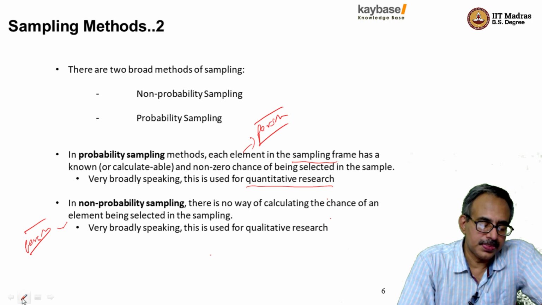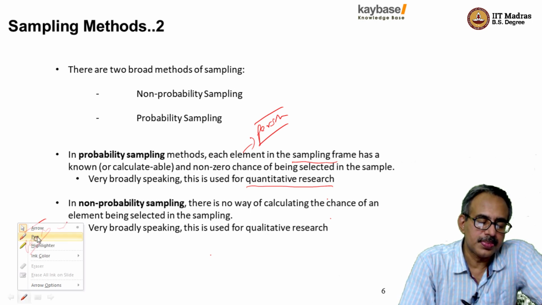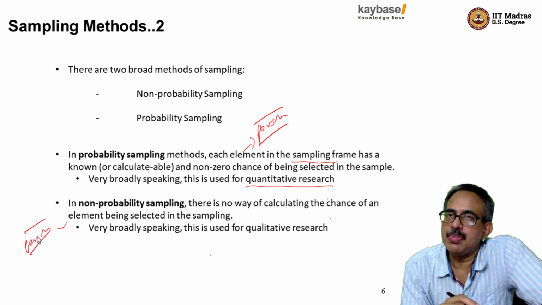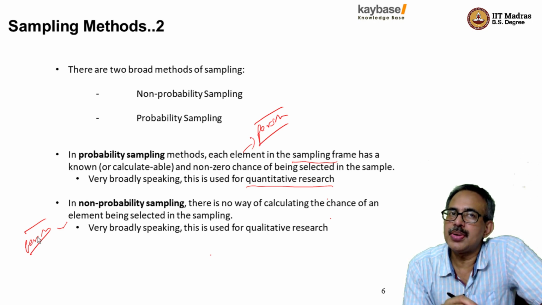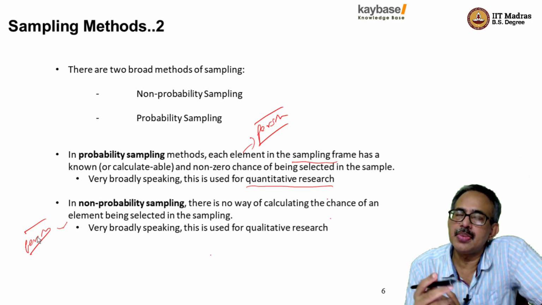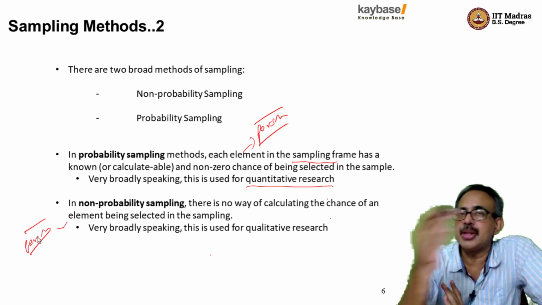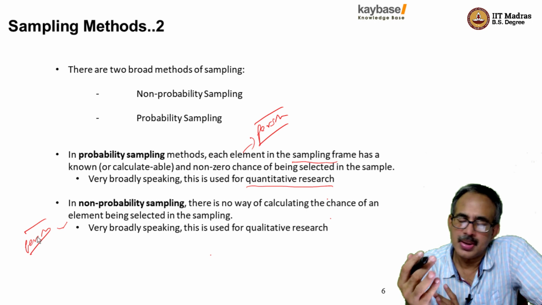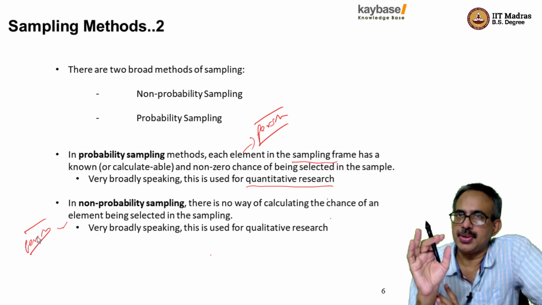So, as I was saying, since non-probability sampling is not a scientific method of sampling, there is no method to calculate how likely this person or that person has a chance of being selected in the sample. Right? This is the technical definition again.